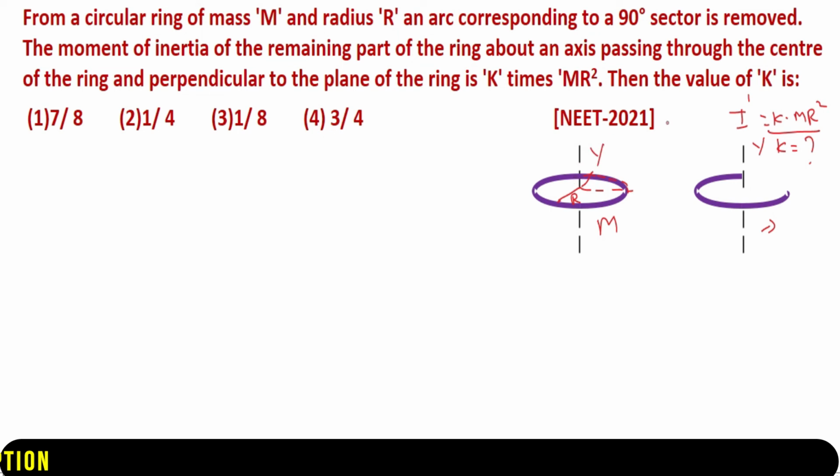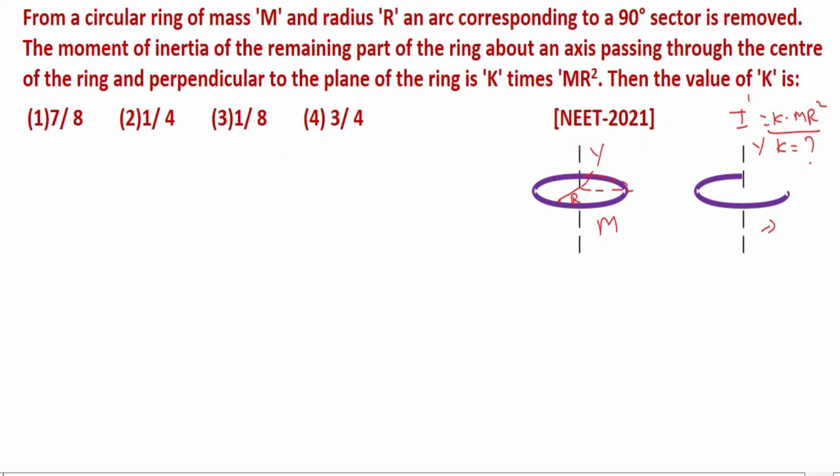Okay, now we know that the moment of inertia of a circular ring about y-axis will be I is equal to Mr square. Okay, that is with respect to this axis, the moment of inertia of this complete disk is I, which is nothing but Mr square. Now let us try to find the mass of the removed part. Okay, so we know that this mass capital M is distributed over the entire 360 degrees.